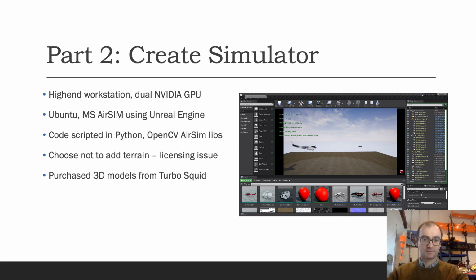So you see an example screenshot here of one of the detect and avoid scenarios where we have a Cessna on a collision course with a small drone.